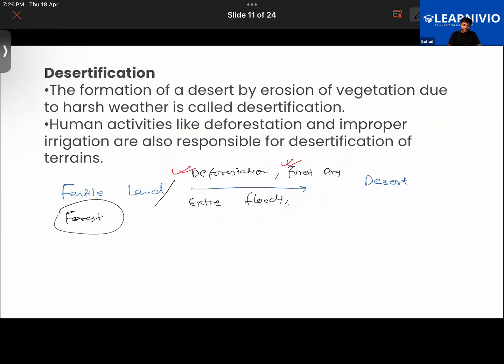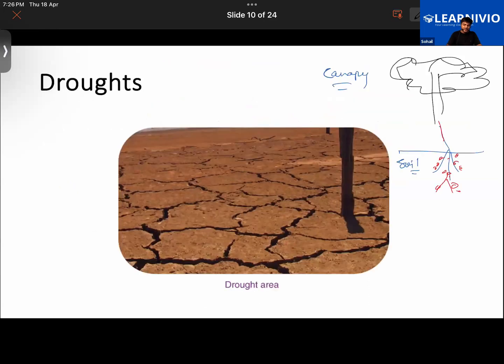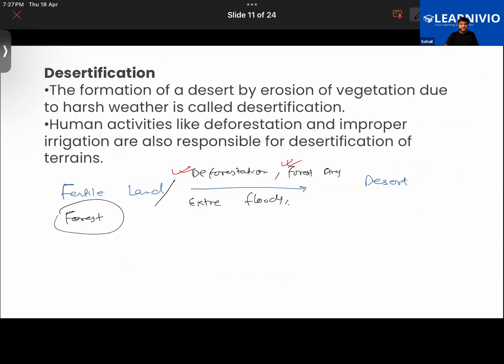Percolation, you guys know, is basically the flowing of water into the soil. So why will it be reduced? Because there are no roots, so less absorption will be there. Also, soil is eroded by the rainfall or the flood water. So that will ultimately lead to loss of the top and fertile soil. So all these are the major consequences of deforestation. Hope you guys have understood this.